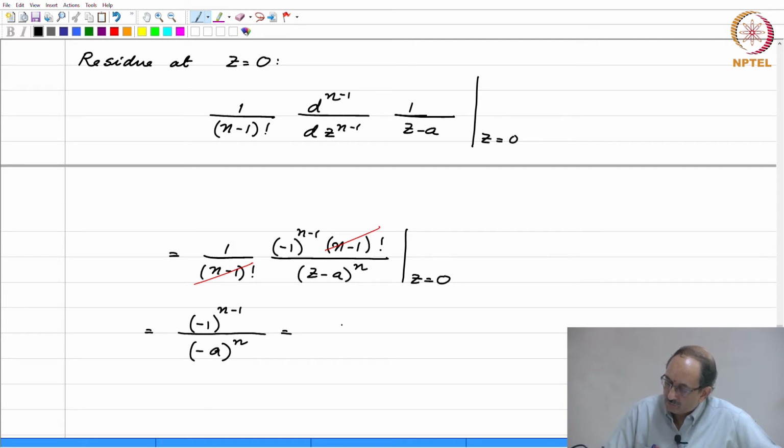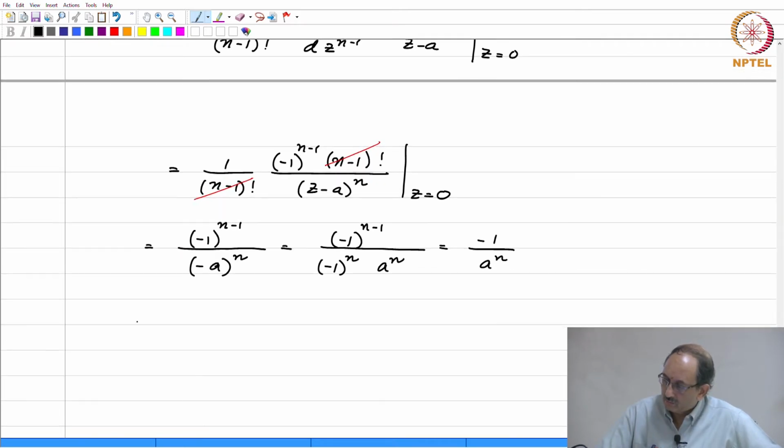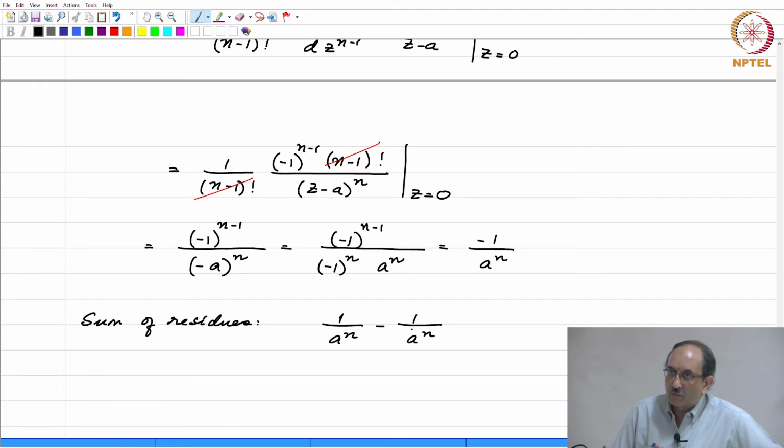So, this is minus 1 to the n minus 1 by minus 1 to the n a to the n, which is minus 1 by a to the n, and the sum of residues is 1 by a to the n plus minus 1 by a to the n, and you get 0.